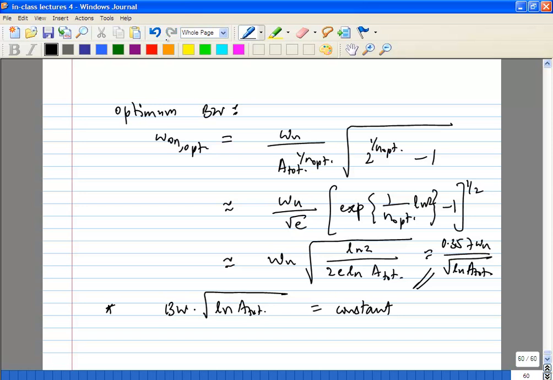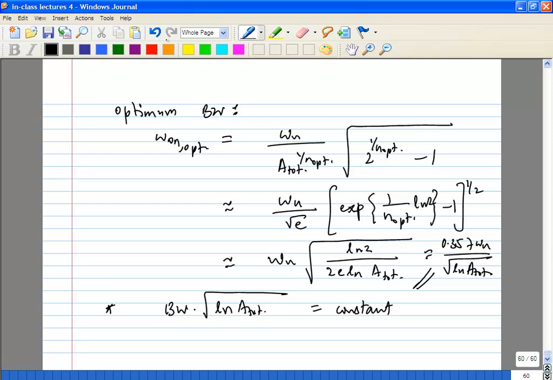So the first thing you notice, and this actually shouldn't surprise you, is that your gain bandwidth product is constant always for a single pole amplifier whenever you have a dominant pole. This is actually a multi-pole system once you start cascading, so your gain bandwidth product no longer has to be true.